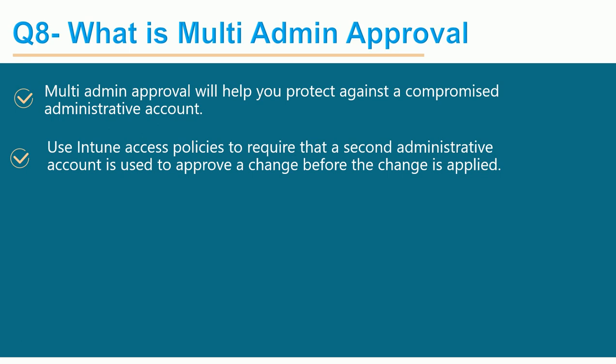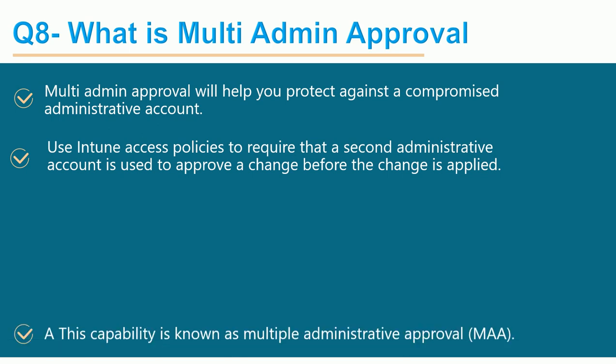Even though you are the admin, you can't do it because multi-admin approval is required. Or you are creating an application and you want to deploy it. Once you create the application, because you are an admin, you can do that, but you cannot deploy it. Before deploying, it needs one more approval from another administrator. So this is called multi-admin approval.